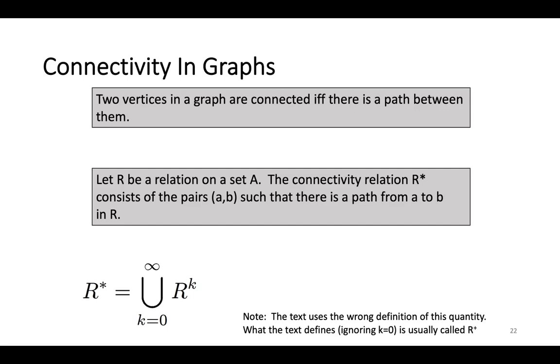Anyway, you can connect them together with paths. That is a connectivity relation. So that's why we can rewrite this in this equation: R star is the union of R^n from 0 to infinity.